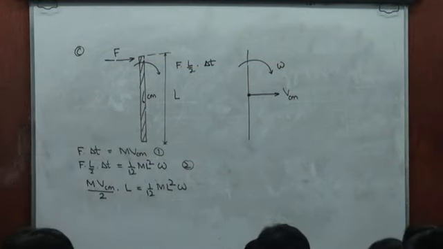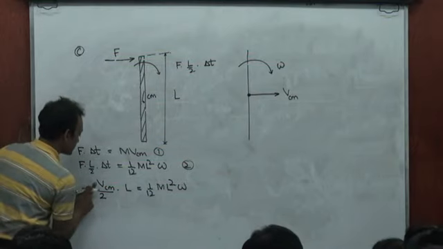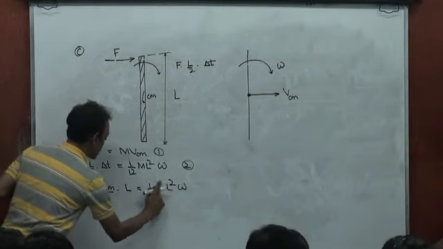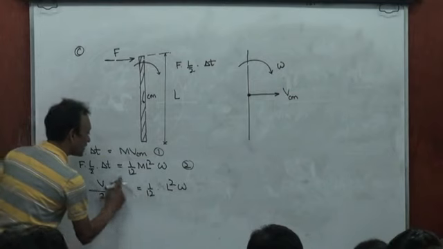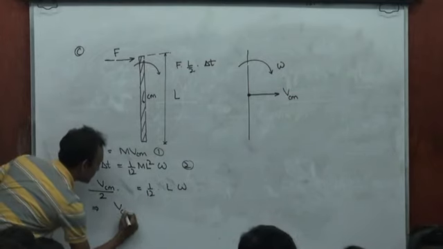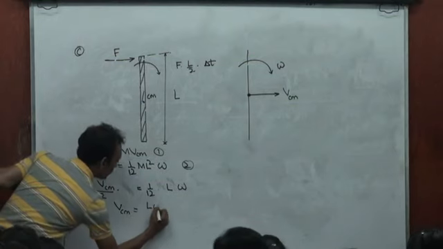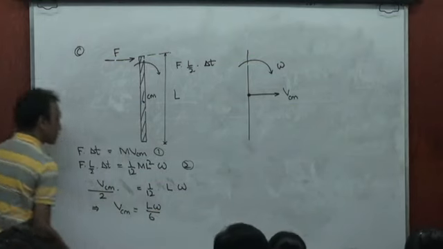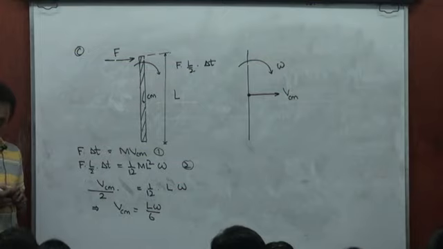Yes or no? So this M will get cancelled, and one L cancelled here. This gives me VCM equals L omega by 6. Right?